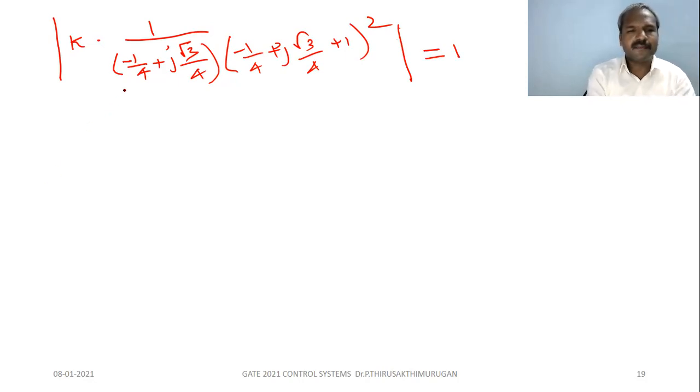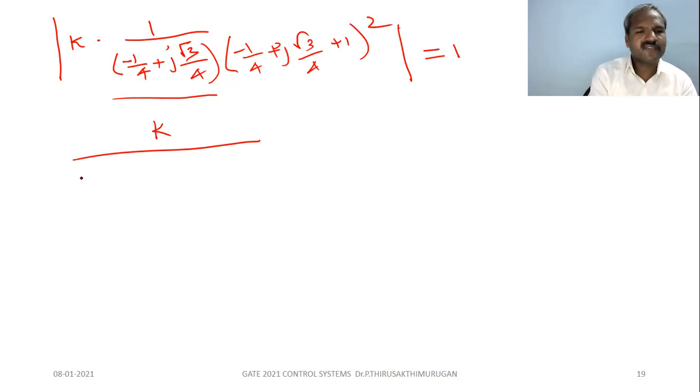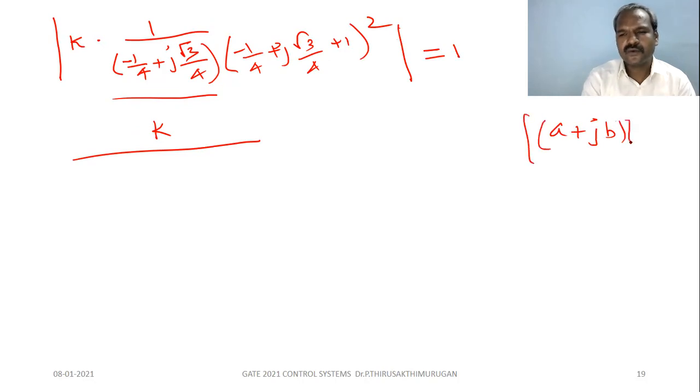So how to get the magnitude for this? Listen to this. For a plus jb, the magnitude is the square root of a square plus b square.